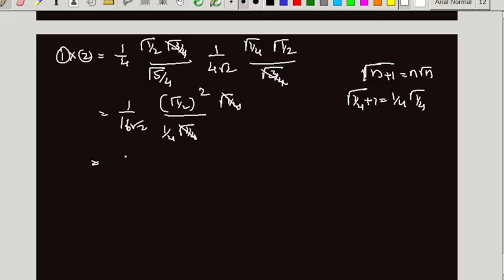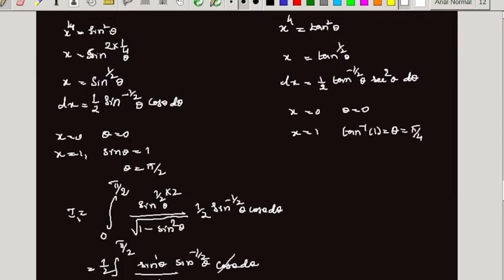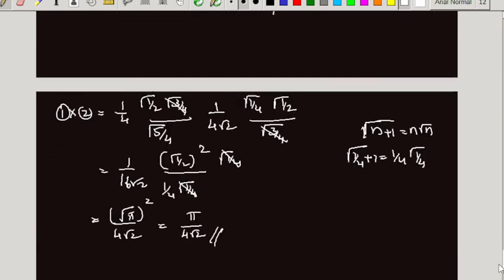We can cancel 1 by 4, and gamma 1 by 2 is square root of pi, squared. We get pi by 4 root 2. Hence, we can see it is nothing but pi by 4 root 2. Hence it is proved.